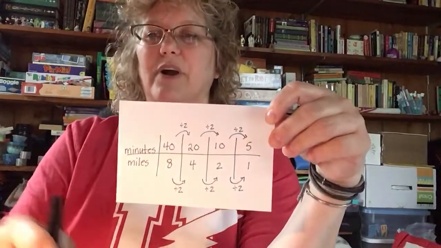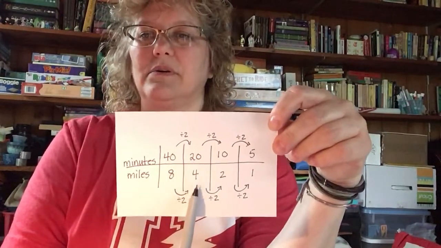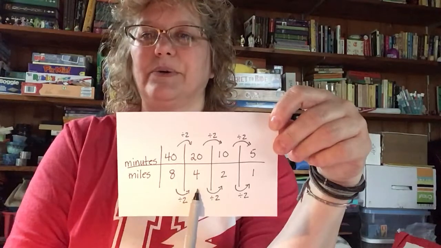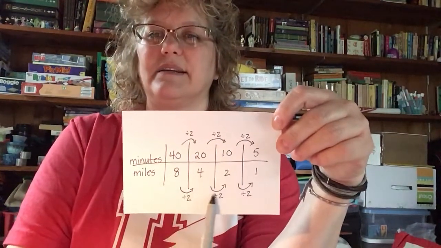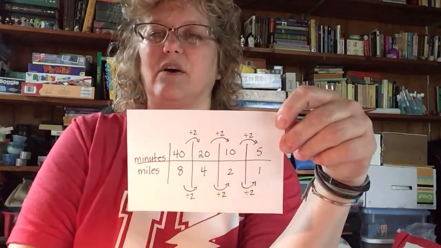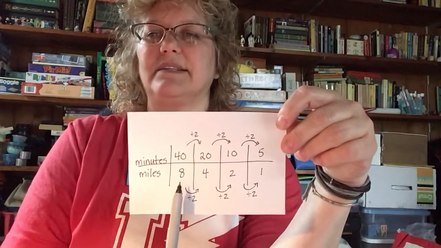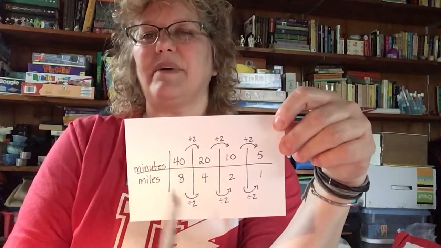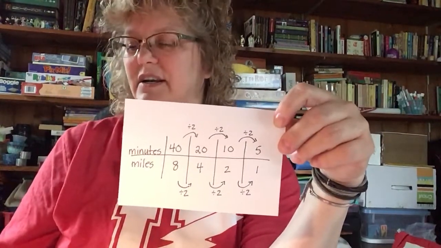So she went from 40 minutes, we had to divide by 2, right? So we divided the other one by 2. And then on the top, we could still divide it by 2 again, and divide it by 2 again. Divide by 2, divide by 2 to get all the way down. So 8 miles in 40 minutes, and 1 mile in 5 minutes are considered equivalent.